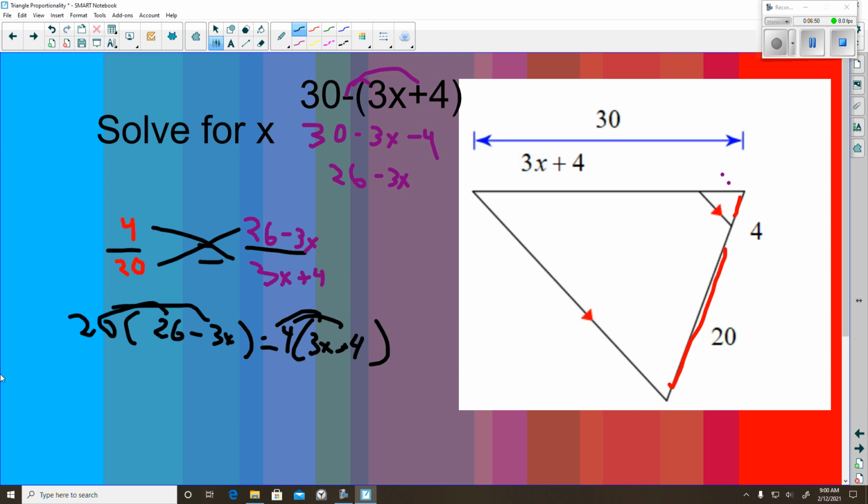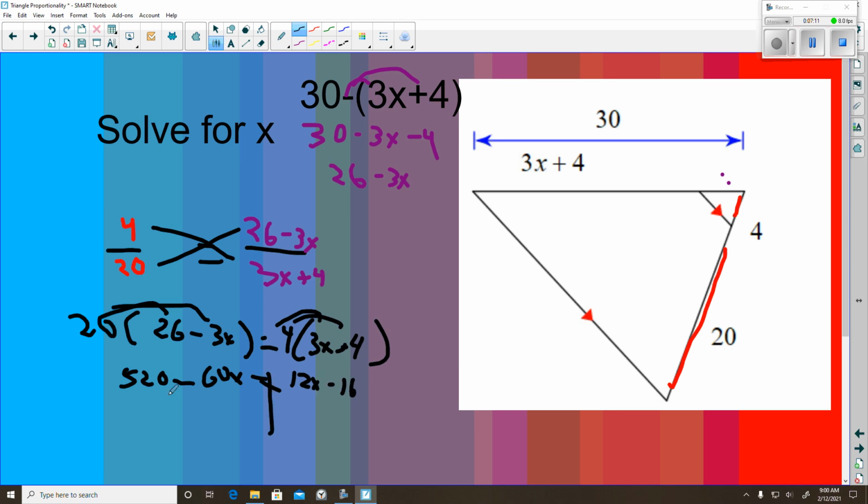So 20 times 26 is 520, minus 60x, equals 12x minus 16.